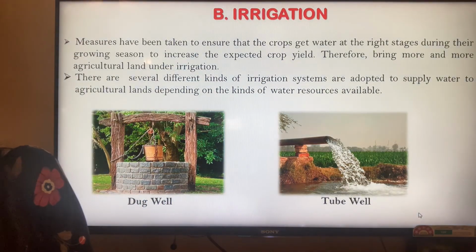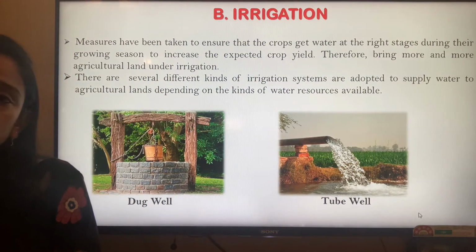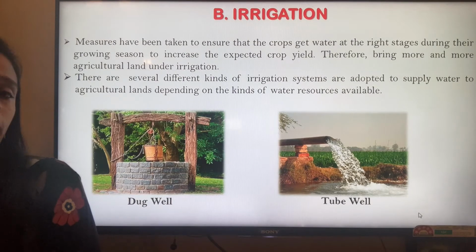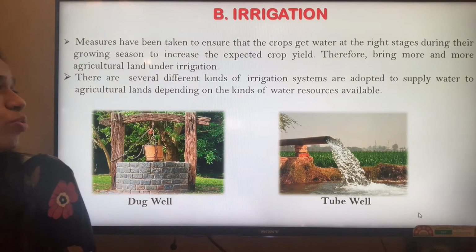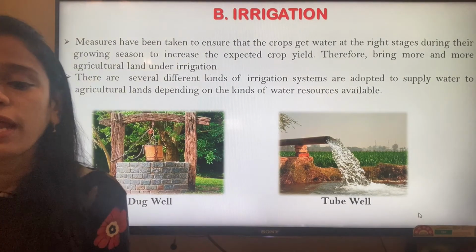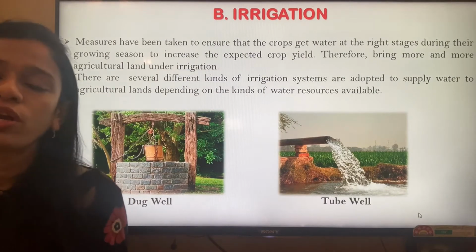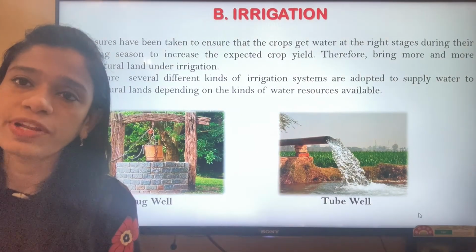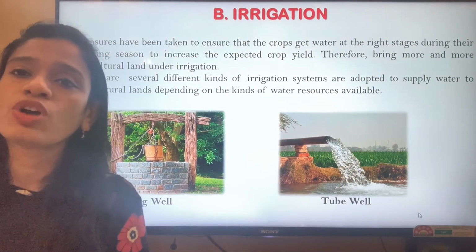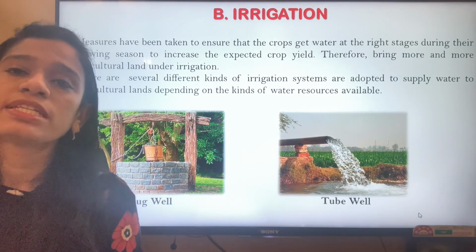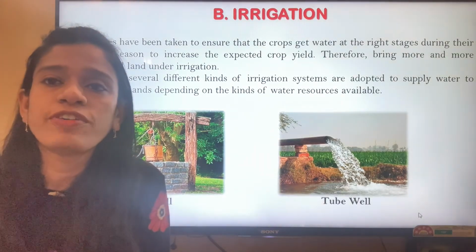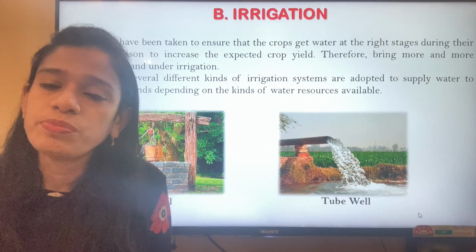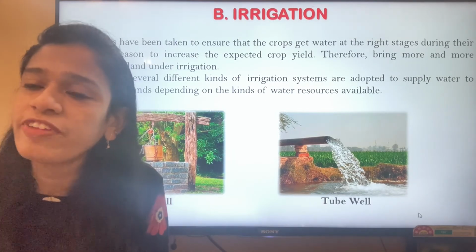There are several different kinds of irrigation systems that are adopted to supply water to the agricultural land depending on the kind of water resources that is available. Because everywhere it is not the same that the water is obtained from a river or from a pond somewhere nearby.